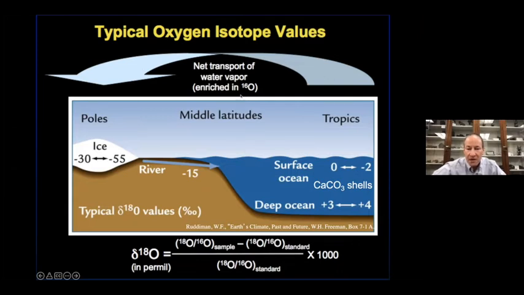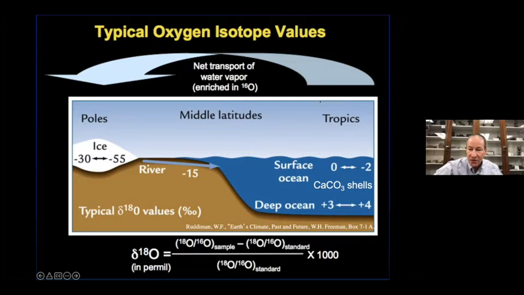And as they cool, they can't hold as much water. And so they condense and rain out some of that water, and eventually they snow out. This is not what happens. This is a fiction. The system is far more complex than this, but it turns out that this useful fiction captures the most important aspects of the distribution of oxygen isotopes on Earth.